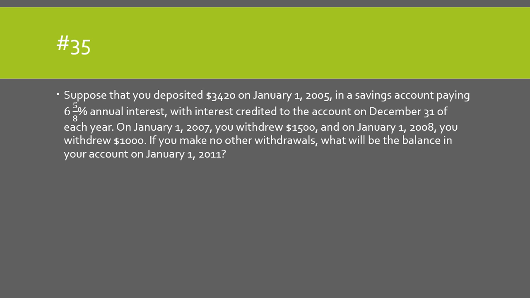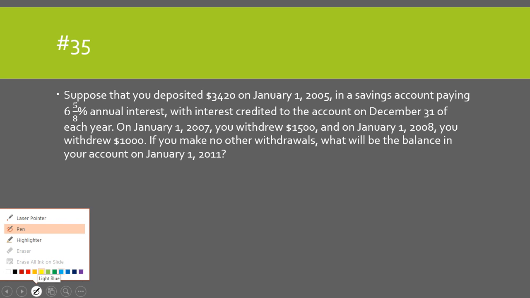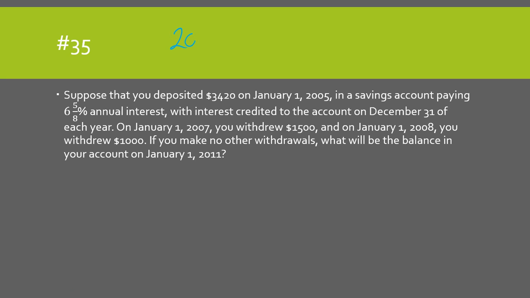The first thing we have to do is find from 2005 to 2007 how much money was gained, or what was the account at the time, January 1st, 2007. So if we count the Decembers between January 1st, 2005 and January 1st, 2007, we got December 31st of 05 and of 06. So that means we've got 2 years.